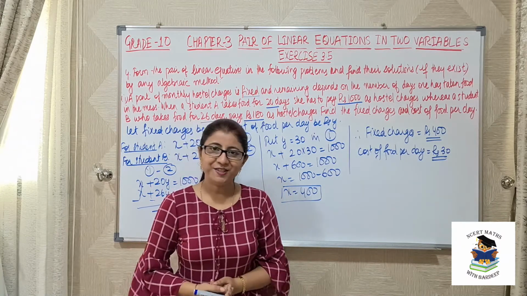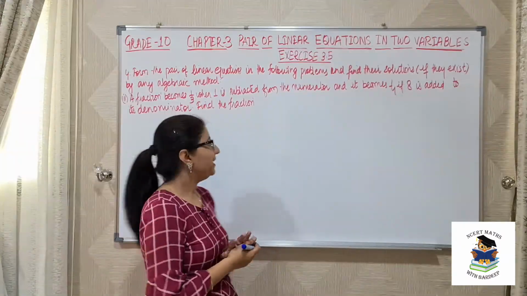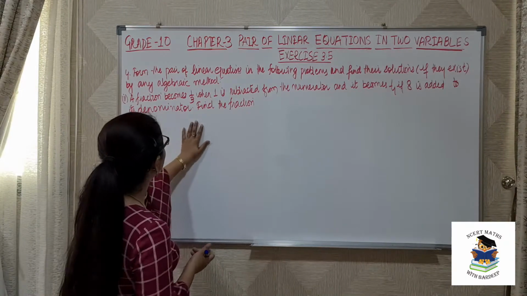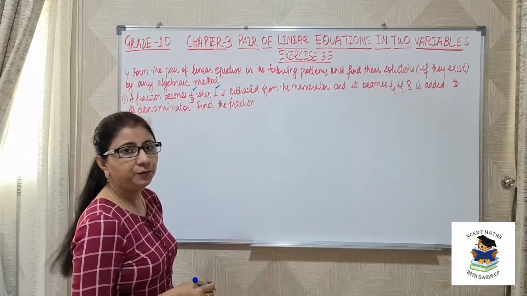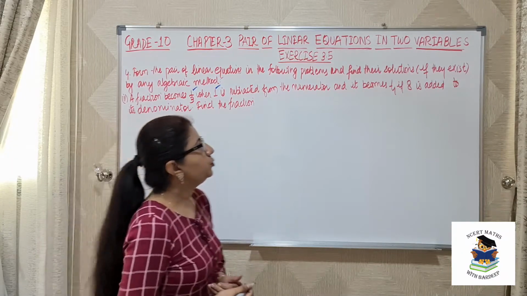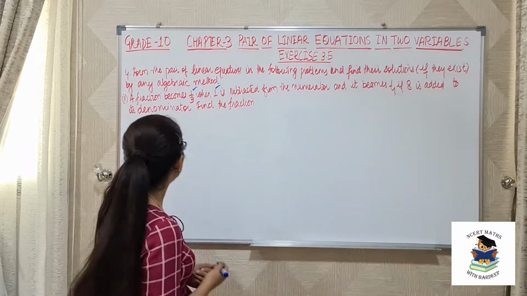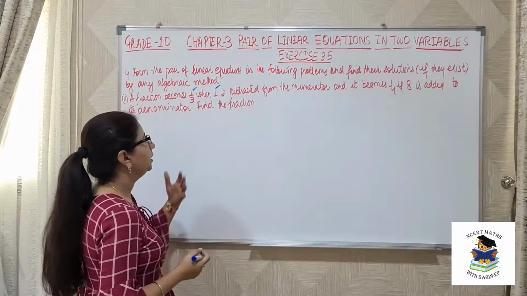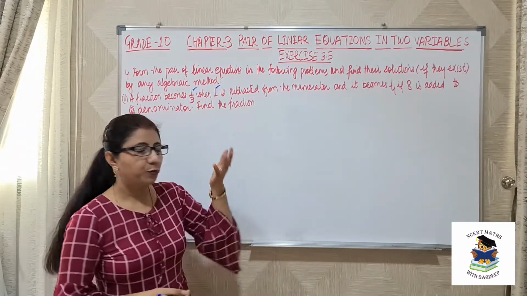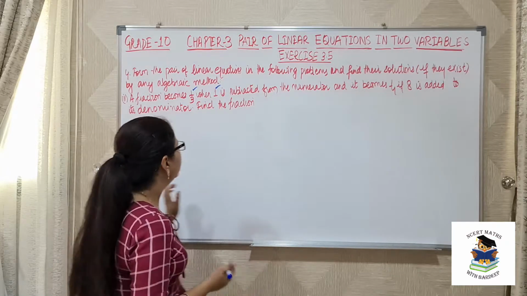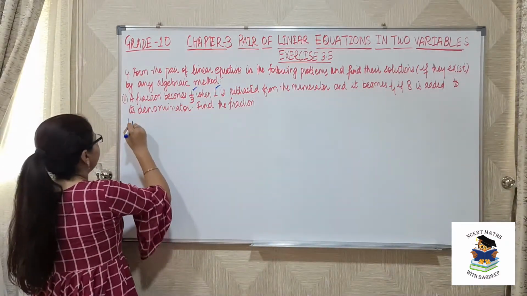Now let's see the next part. So let's see our second part. A fraction becomes 1 by 3 when 1 is subtracted from the numerator and it becomes 1 by 4 when 8 is added to its denominator. So find the fraction. So as we know that fraction has both numerator and denominator, so we will assume the values as x and y.